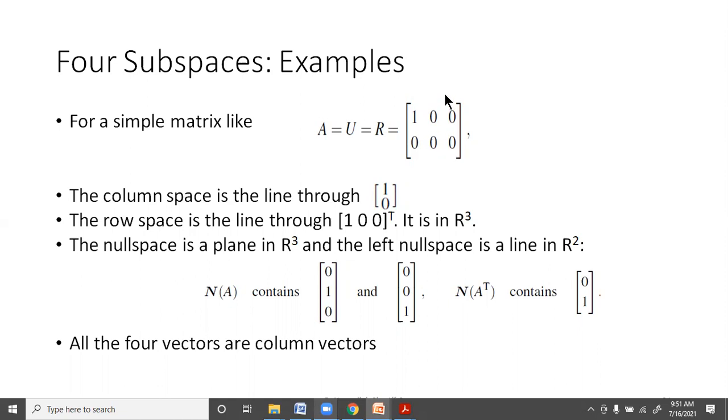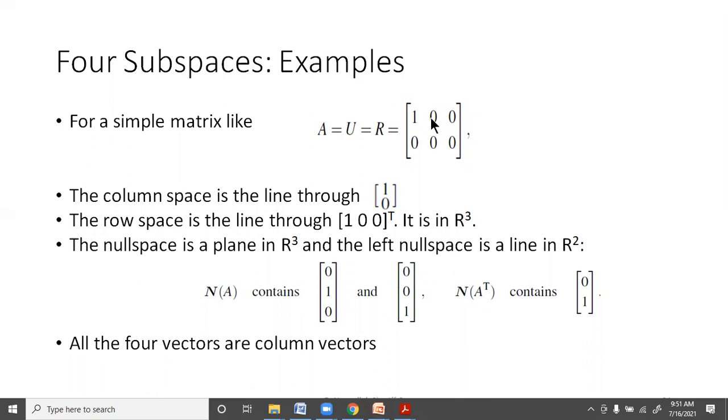If this was a 1, this also would have been a pivot column. But because I have a 0 over here, this will also be a free column. So those which have the pivot variable correspond to the independent column, and these two correspond to the dependent.